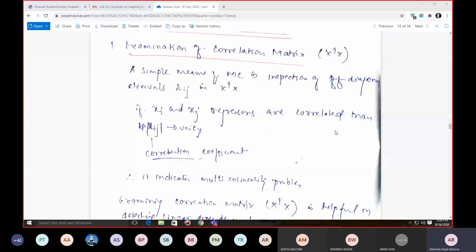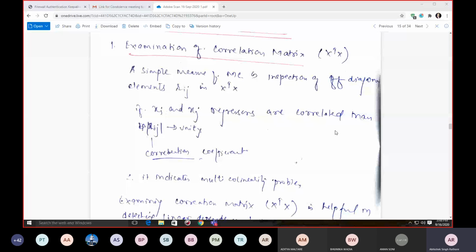When this rij tends to unity, like 0.99 or 0.96, it means it is tending towards unity. So we can say that we have a strong correlation between them, and so multicollinearity exists in your data.